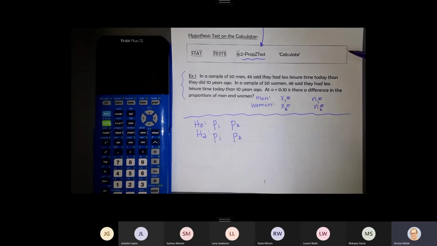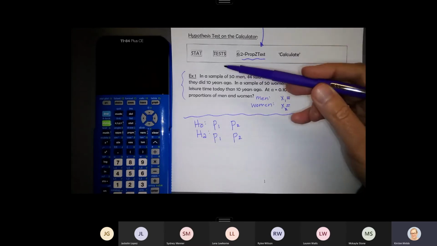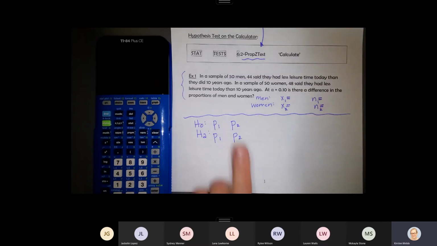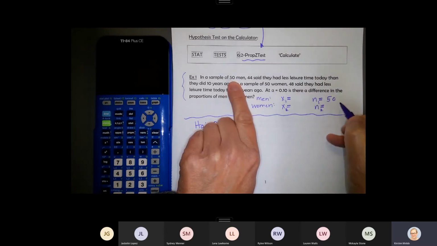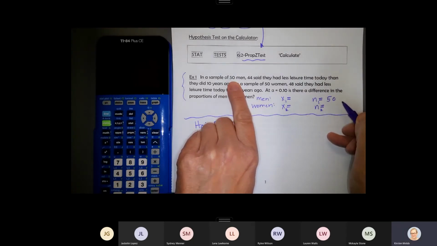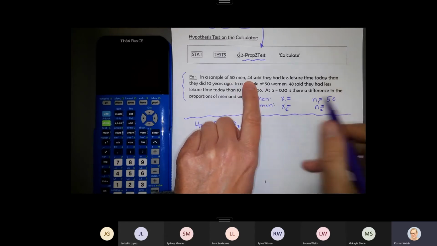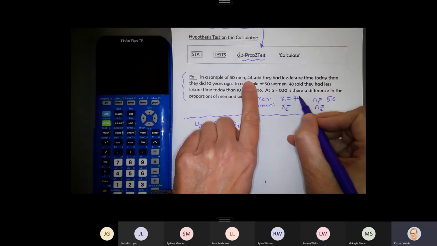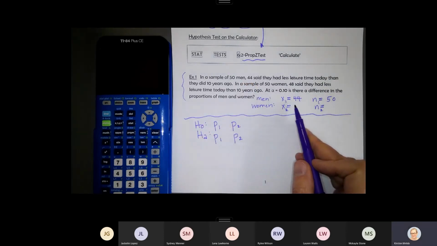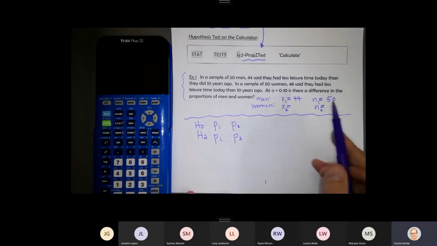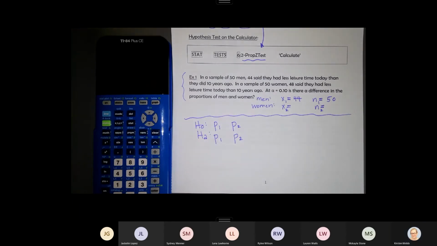So when we're reading through the information, they start talking about a sample from the population of men. It says that there were 50 total in the sample. That would be the value for N. And out of those 50, 44 said they have less leisure time than they did 10 years ago. So X would be the smaller number out of 50 that meet the criteria we're interested in.